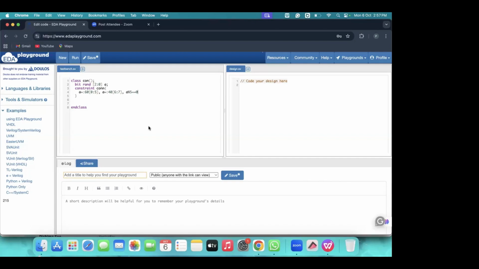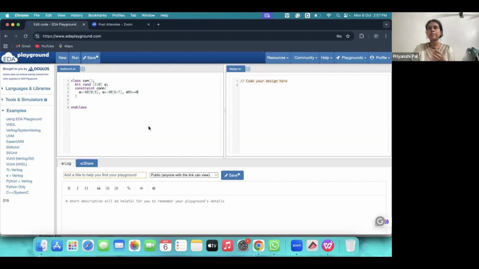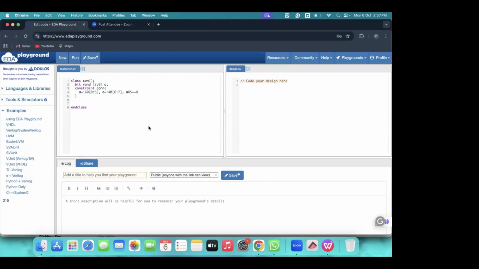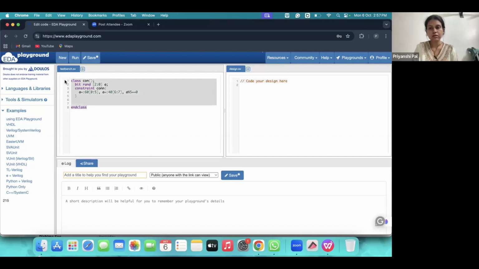So you know about the difference between synchronous and asynchronous reset. Yes, ma'am. Can you show me by writing what is the difference between them?